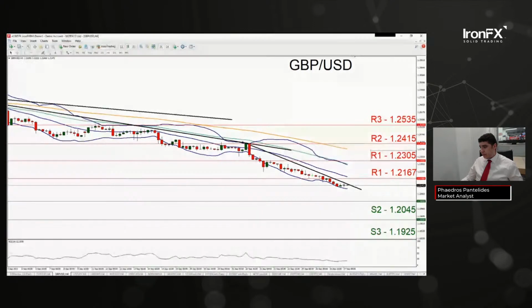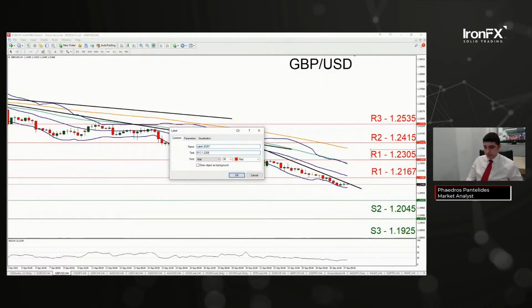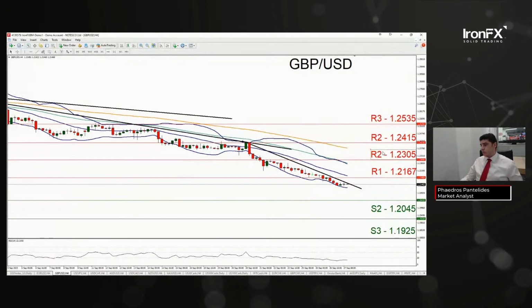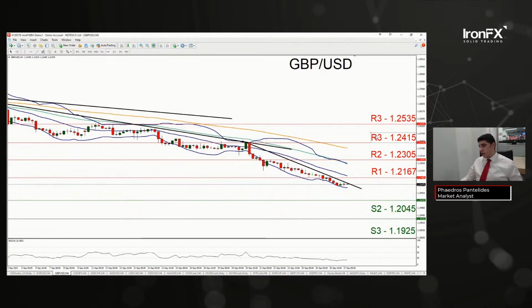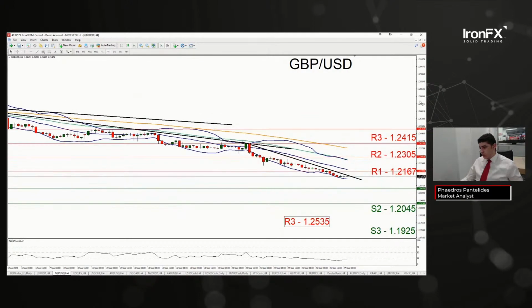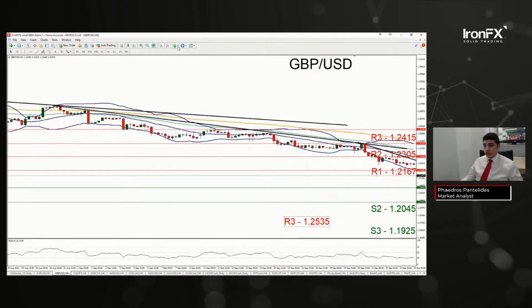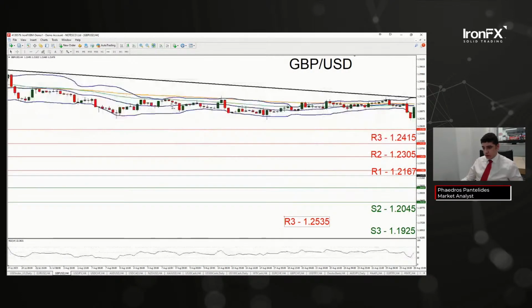So R1, R2, and then R3. Simply readjusting our chart to reflect the movement lower. So R1, R2, R3, we're going to be keeping parallel for future reference should the pair decide to move back in an upwards fashion. Let's just remove the ticker.